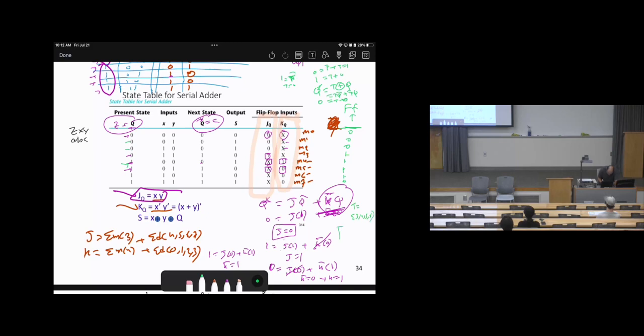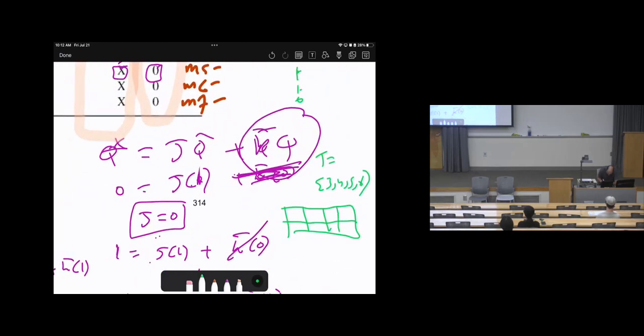So when we do the K-map, 0, 1, 2, 3, 4, 5, 6, 7, it will be 1 at 3, 4, 5, 6.